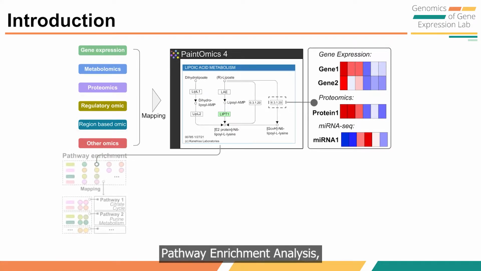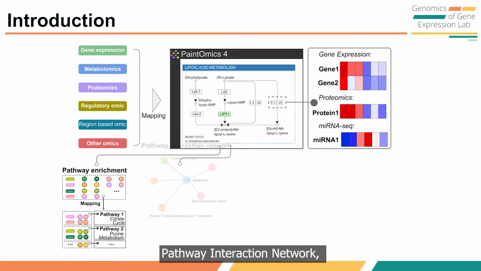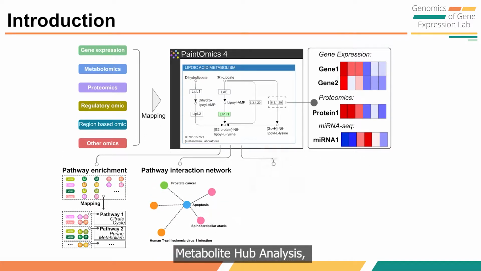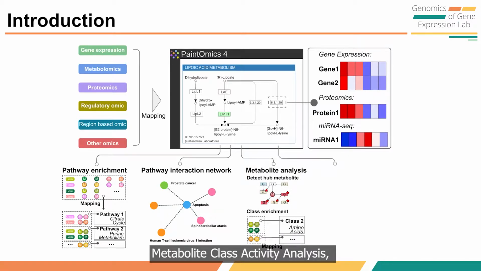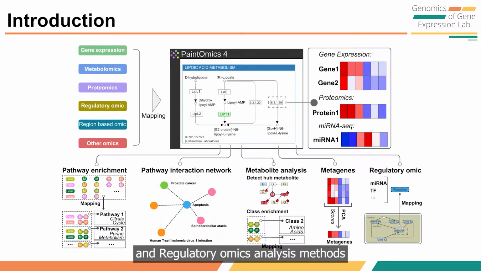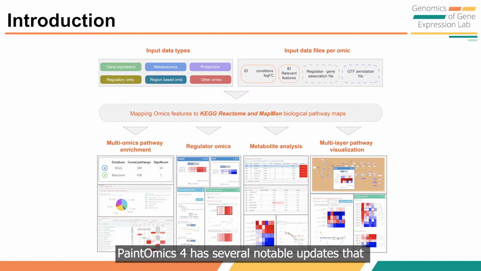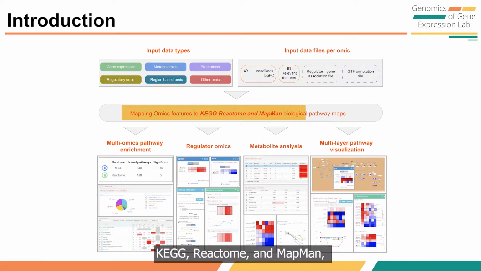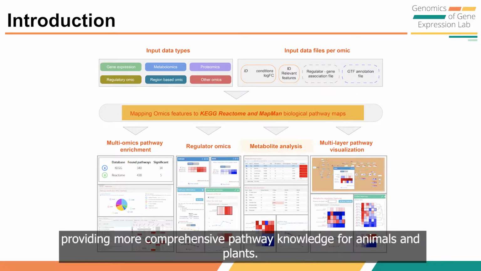Pathway Enrichment Analysis, Pathway Interaction Network, Metabolite Hub Analysis, Metabolite Class Activity Analysis, Metagenes, and regulatory omics analysis methods are implemented in the application. PaintOmics 4 has several notable updates that improve and extend these analyses. 3 pathway databases are now supported: KEGG, Reactome, and MapMan, providing more comprehensive pathway knowledge for animals and plants.